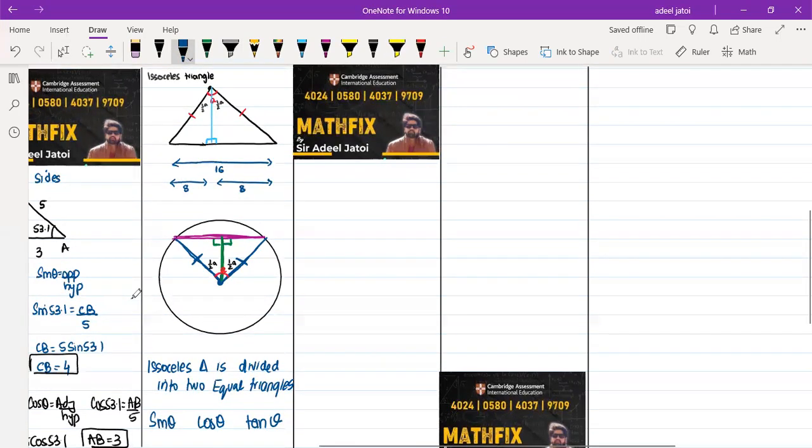Considering this angle, this will be opposite, this will be hypotenuse, and this will be adjacent. Same for this angle: this is opposite, this is hypotenuse, and this is adjacent.